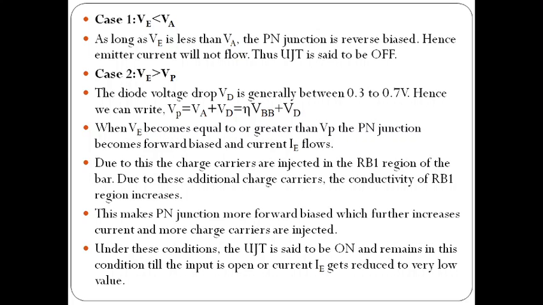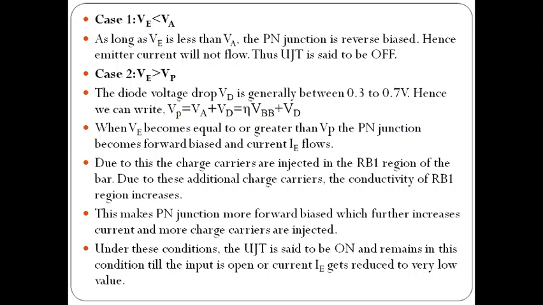First one, VE is less than VA. It means the anode voltage is less than the drop across the RB1 resistor. In this case, as long as VE is less than VA, the PN junction is reverse biased. When the diode is in reverse bias, current will not flow in this diode. Thus we can say UJT is in off state.